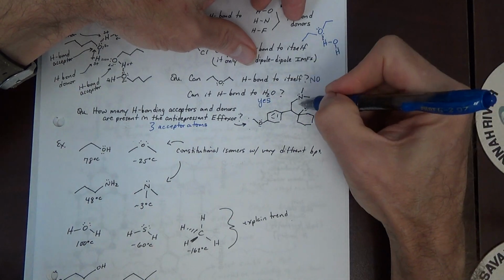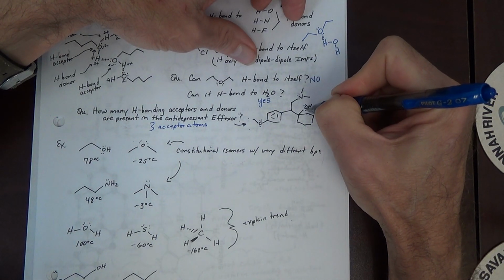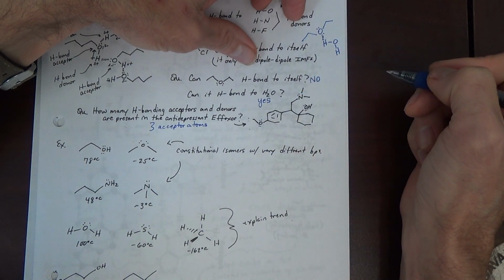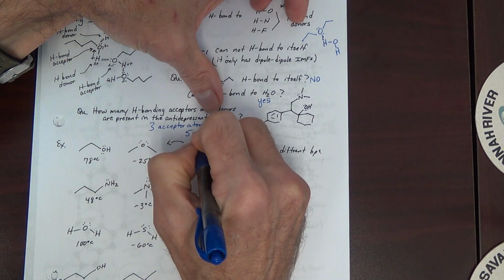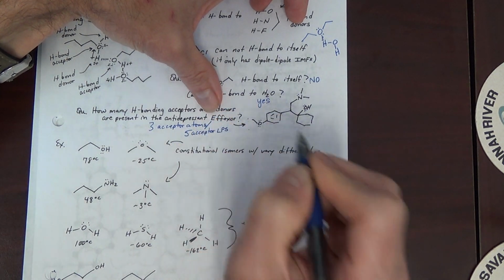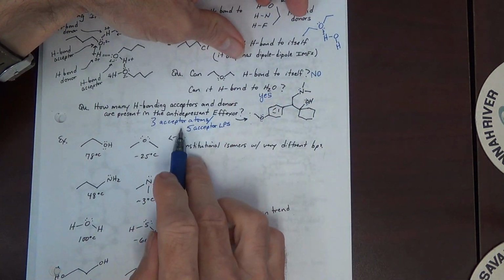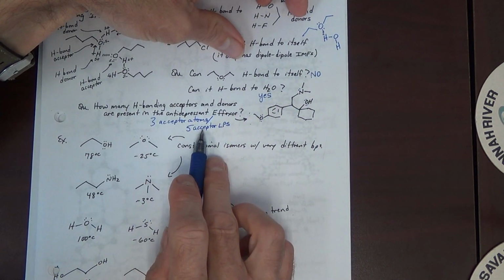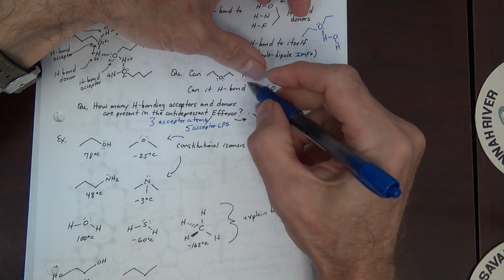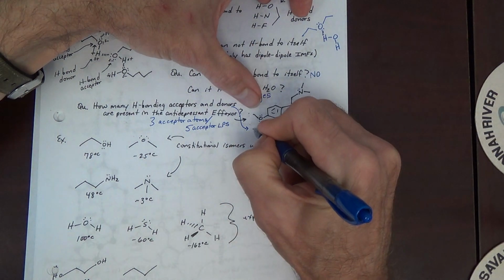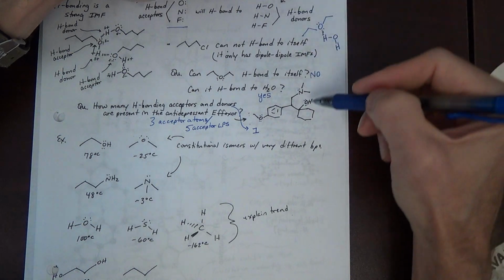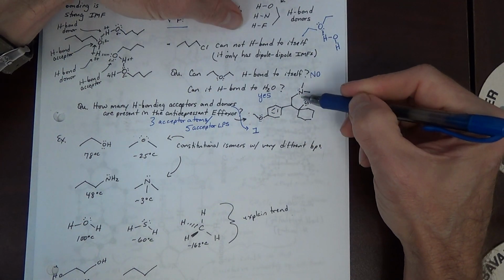The question becomes, is each lone pair individually an acceptor? Theoretically, I'd probably say yes. 1, 2, 3, 5 acceptor lone pairs. Depends on how the question is asked. What about donors? Well, there's just one, right? A donor is an H on an O, N, or F. We only have one H that is on an O, N, or F.